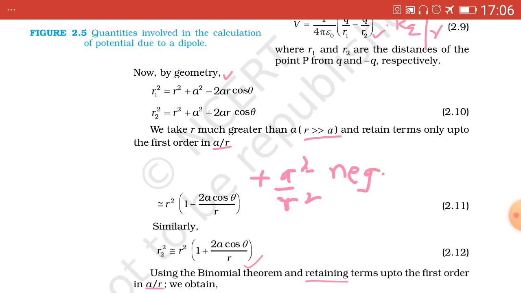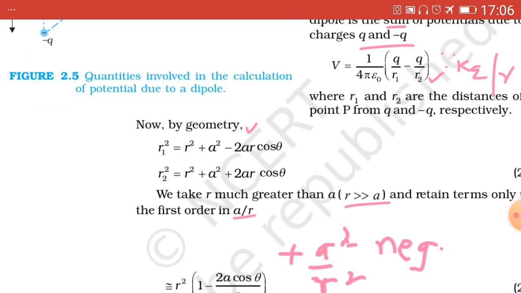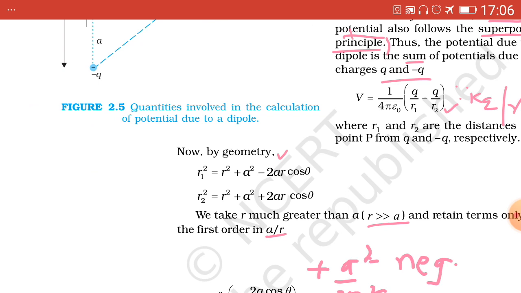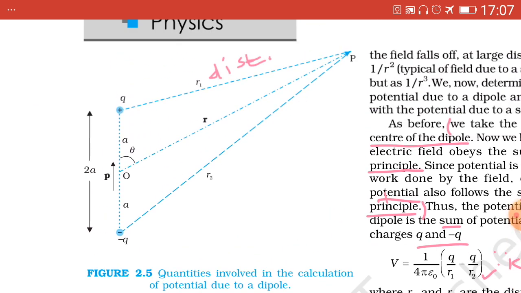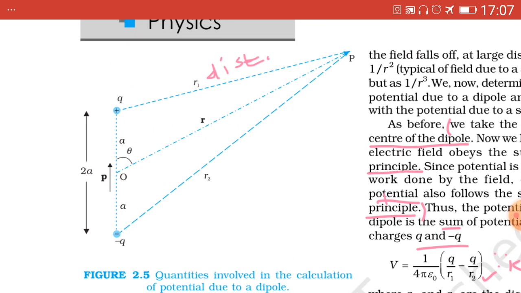Now we consider the geometry of this figure. From the geometry we see that r1 square and r2 square are equal to the sum of squares of the other two sides of the triangle here in the figure, that is the upper triangle and the lower triangle from point O, that is the origin.